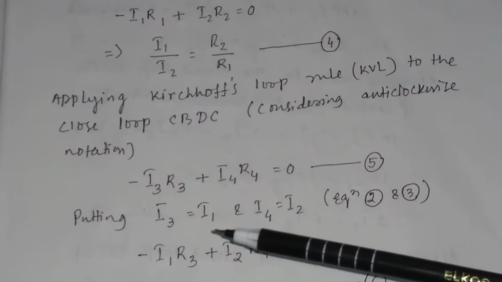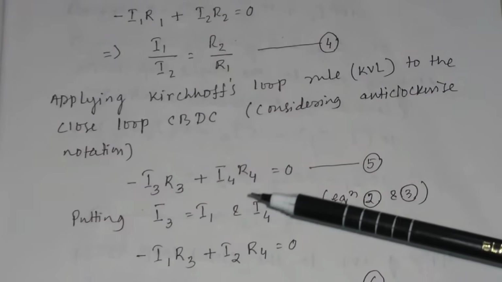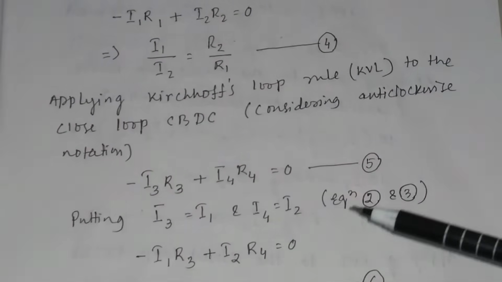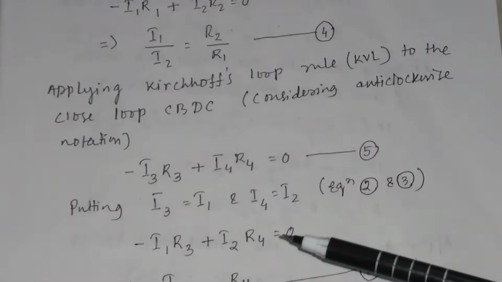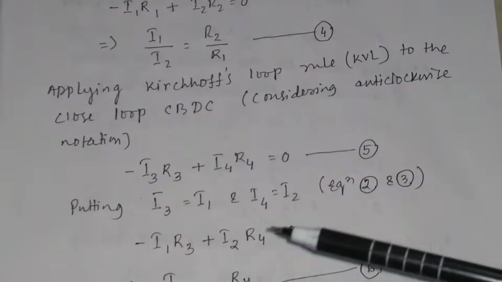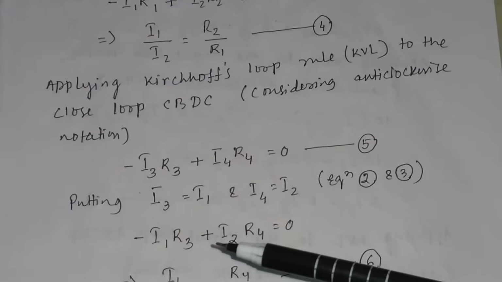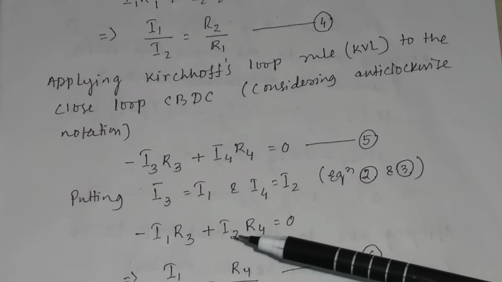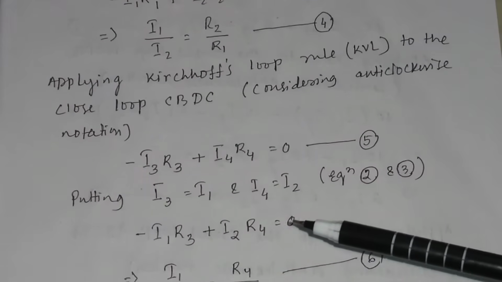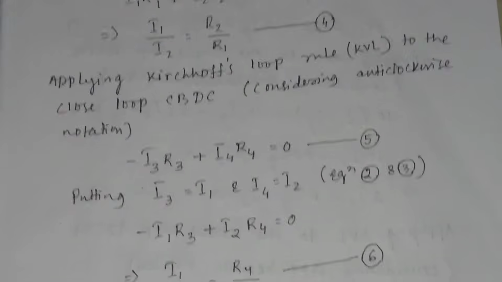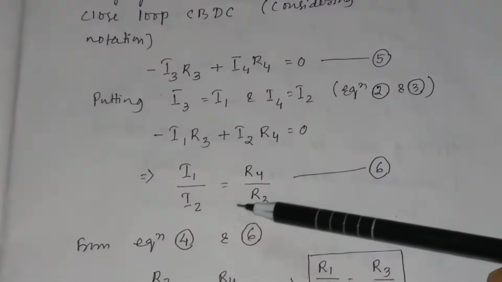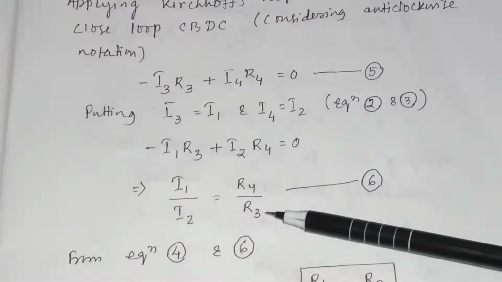If you put I3 equal to I1 and I4 equal to I2 from equations 2 and 3, then equation 5 will be minus I1 R3 plus I2 R4 equal to 0, and I1 by I2 will be equal to R4 by R3.